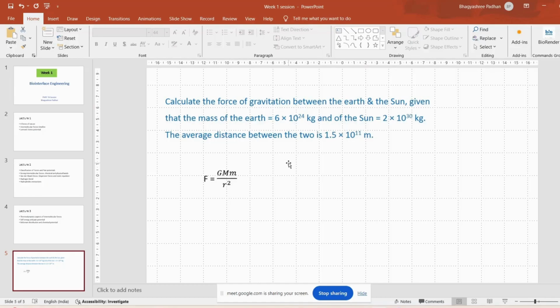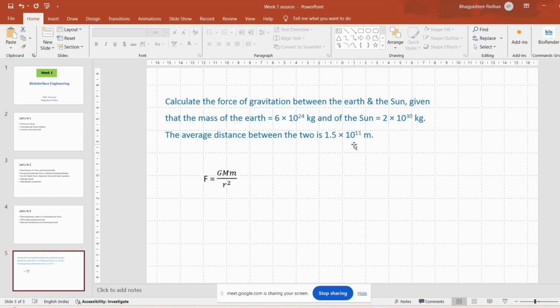Right, so if you just multiply 6.67 for the G value into 6 into 2, you'll get around 80, and then 1.5 square is 2.25. And then the rest of the values, that is 10 to the power minus 11 for G into 10 power 24 into 10 power 30, would give you 10 to the power 43, and 10 to the power 11 in square would give you 10 to the power 22.